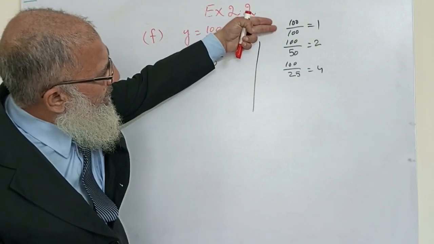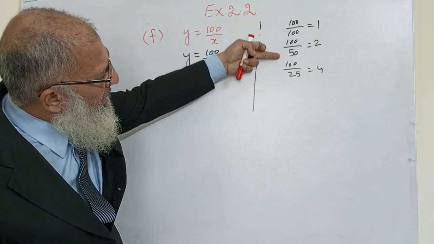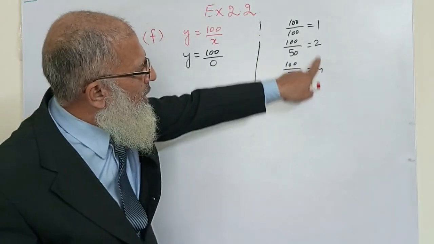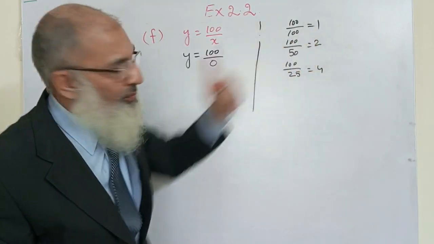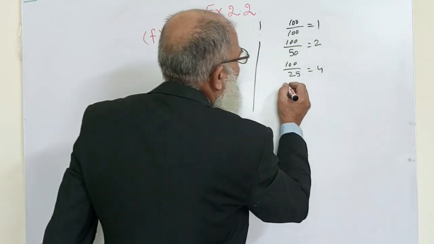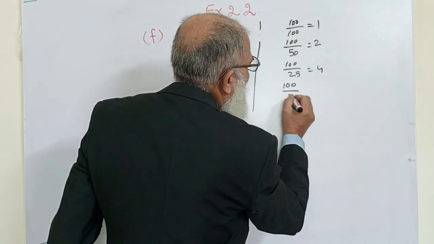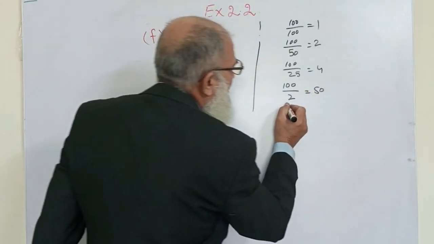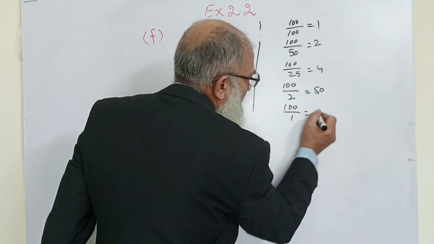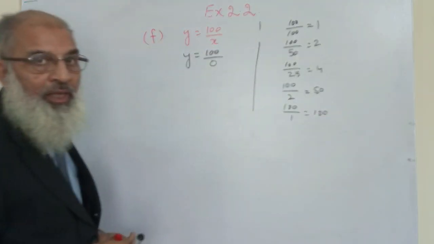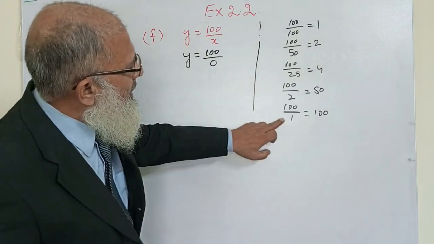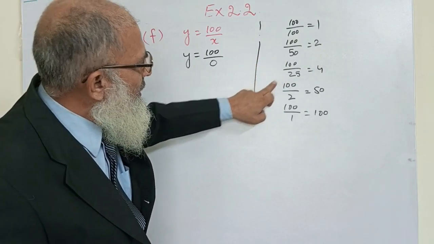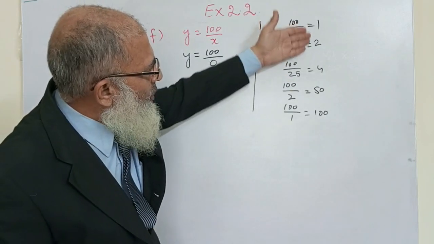You see that when the denominator is decreasing, the outcome is increasing. One more example. 100 divided by 1 is 100. You see that for each decrease in the denominator, the outcome is increasing.